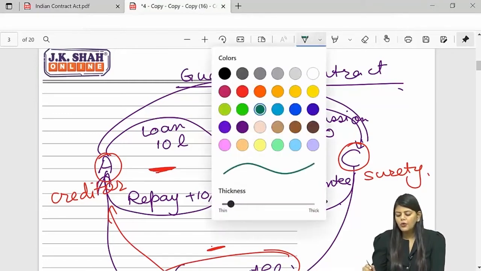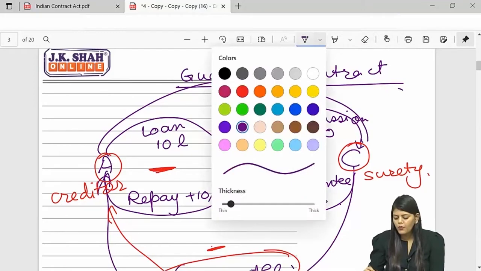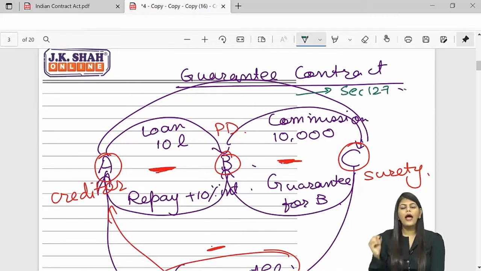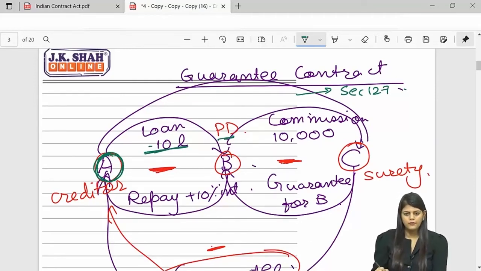The government knew that some or the other will prove this as void. So therefore, they have made one more section here, section 127, which says there is no actual consideration required. Anything done by the creditor for the benefit of the principal debtor is a valid consideration for the surety to give the guarantee.